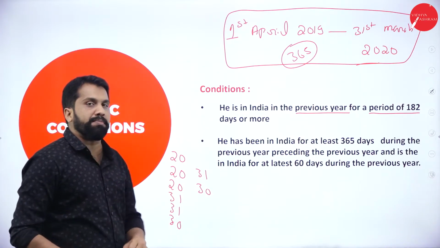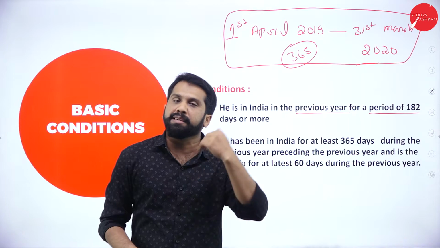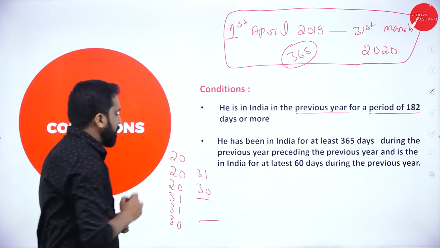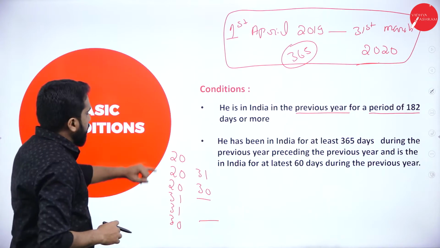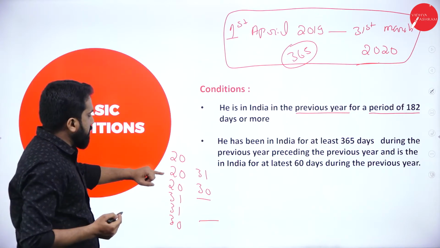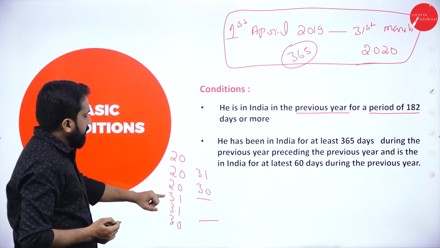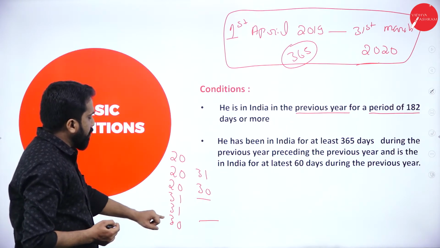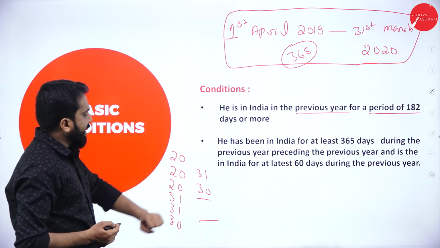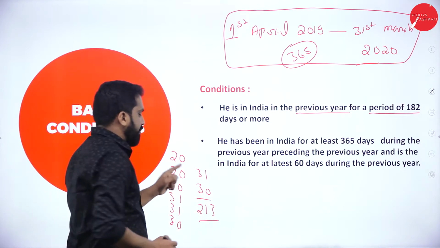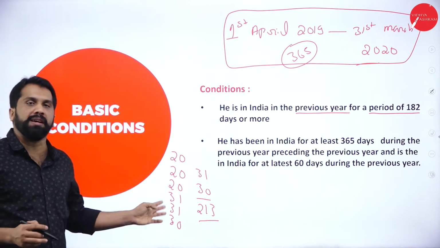December, due to Christmas, 1 month he was abroad. Now, December he was not there. How many days he was in India? 20 plus 20, 40 plus 20, 60 plus 30, 90, 120, 152, 182, 213. So approximately I have taken, even 1 or 2 numbers may differ.